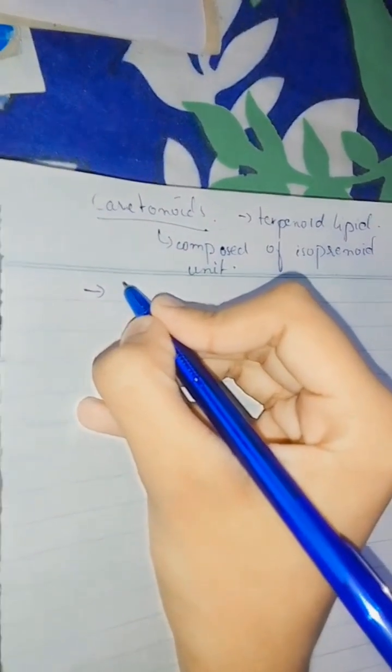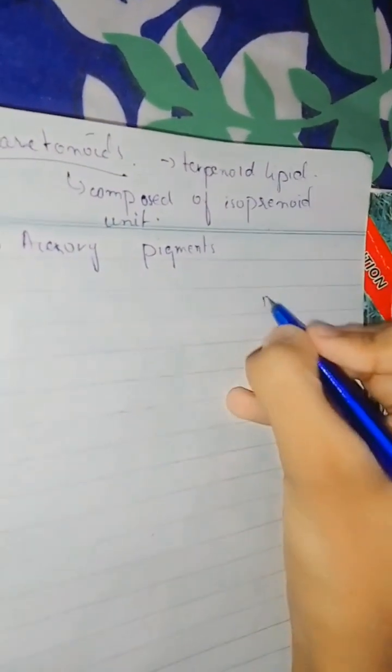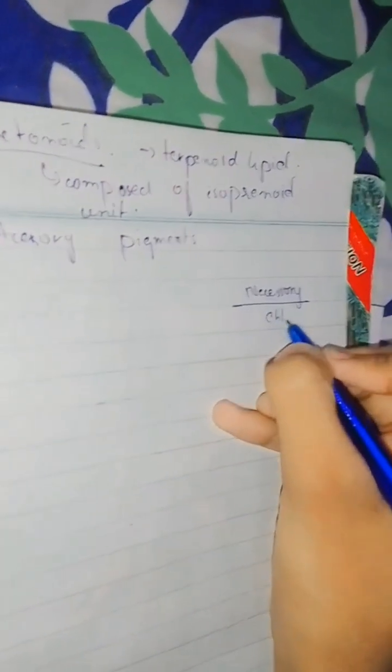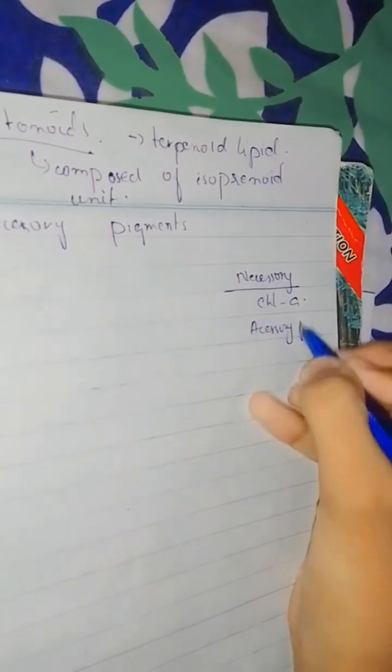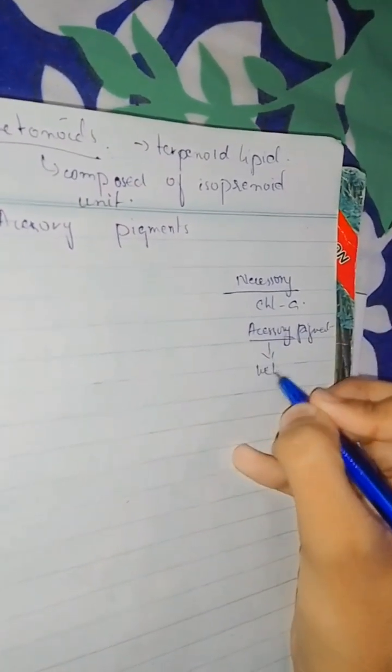Basically they act as accessory pigments. Now what are accessory pigments? There are two kinds of pigments, necessary pigments as well as accessory pigments. Necessary pigments are like chlorophyll A. Accessory pigments are the helping pigments.